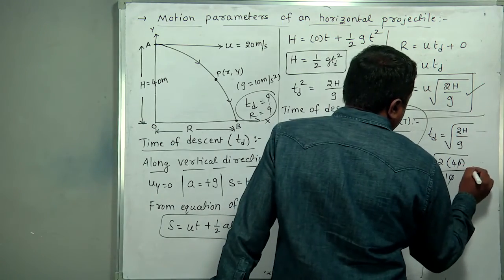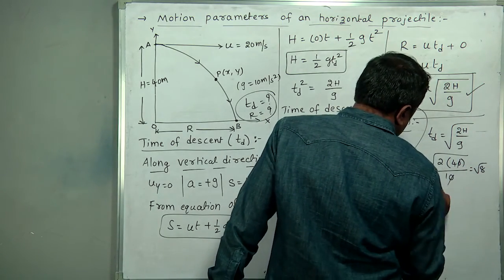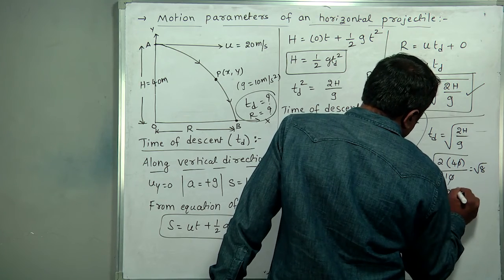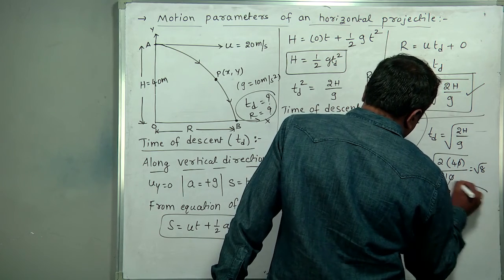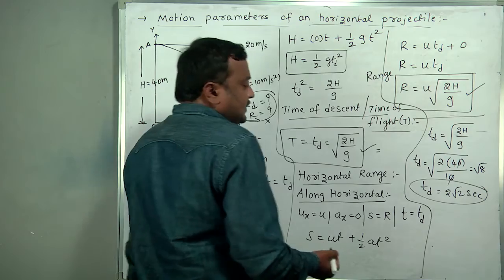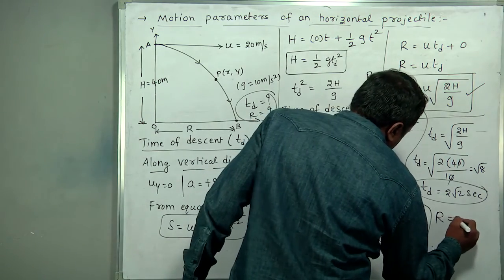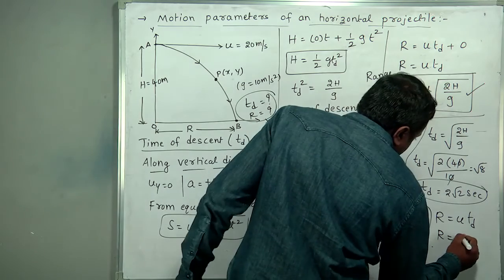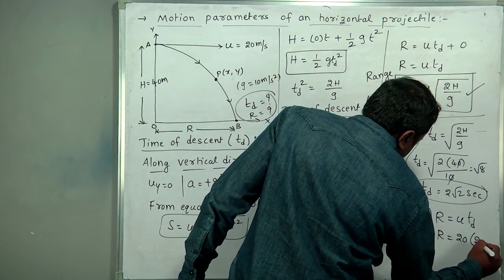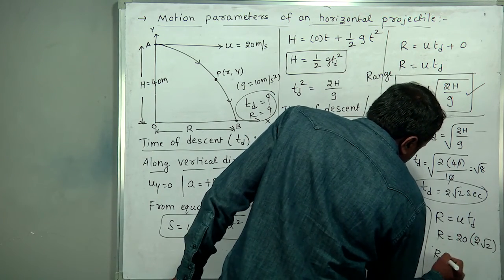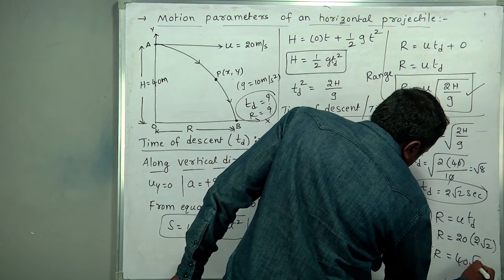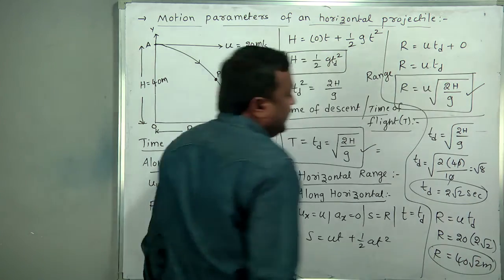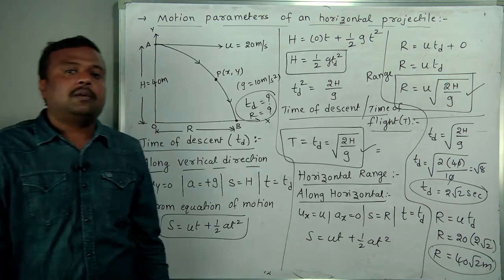The zero gets cancelled, root 8 seconds, which is 2 root 2 seconds time of descent. Horizontal range R is equal to u into td directly. U is 20, into time of descent 2 root 2, we get 40 root 2 meters as the horizontal range of the projectile.